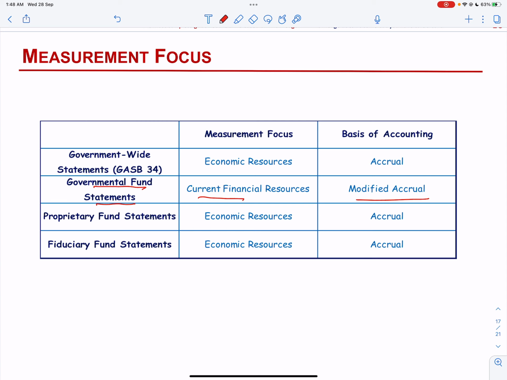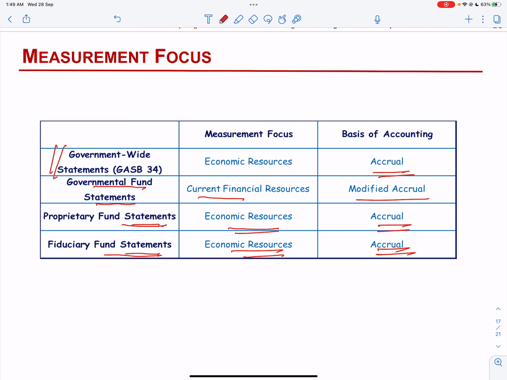We will talk about the government-wide statements that use the accrual basis. We will also learn about the proprietary funds statement that is a part of the government. The measurement focus is economic resources and the basis of accounting is accrual. The last one is fiduciary fund statements and its measurement focus is economic resources and the basis of accounting is accrual.